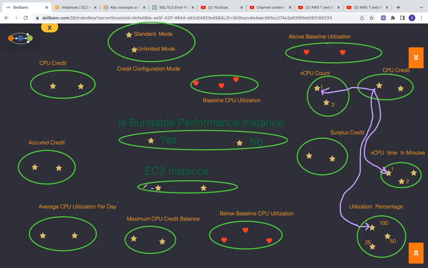So is this instance a burstable performance instance? Okay, only certain types of instance types are burstable. Suppose if you configure an M3 instance, an M family, that's not burstable.